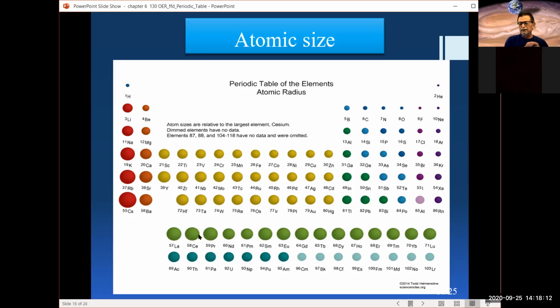The elements there are so big that there's really not much difference occurring. So mostly in the main elements you'll see the general trend: as you go down the periodic table, they get bigger. And the general trend, and I repeat, the general trend from going left to right, the elements get smaller. So these spheres represent the relative size of the elements in the periodic table.